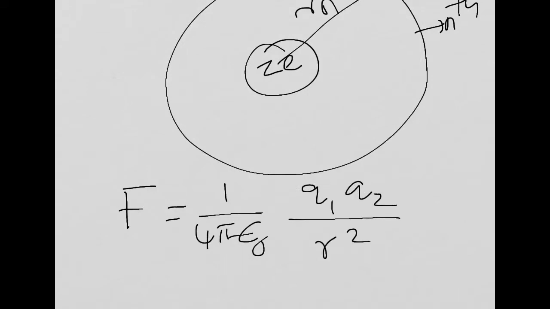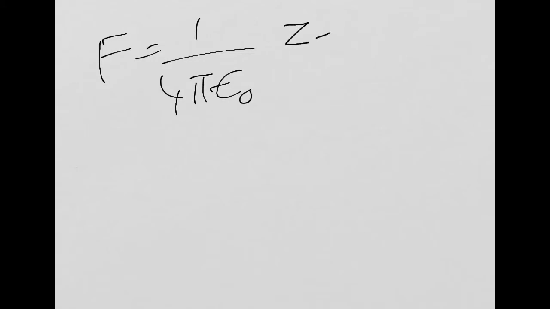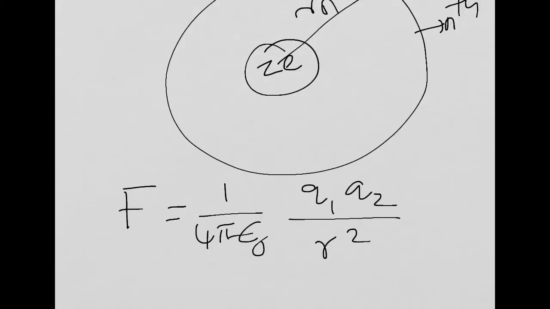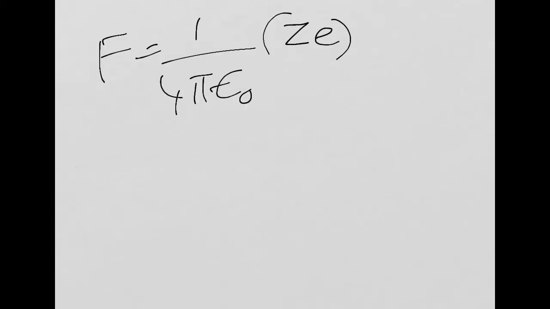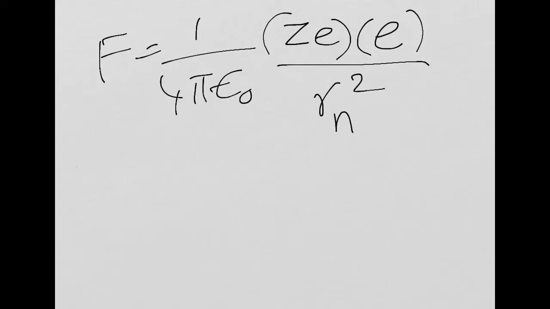Remember? So we are making use of that now. Here the force is equal to 1 by 4 pi epsilon naught, and instead of q1 I'm going to write Z E, because it is the charge of the protons inside, and into q2, that is the charge of the electron, divided by the distance between them, r suffix n, squared. I'm going to write it like this.